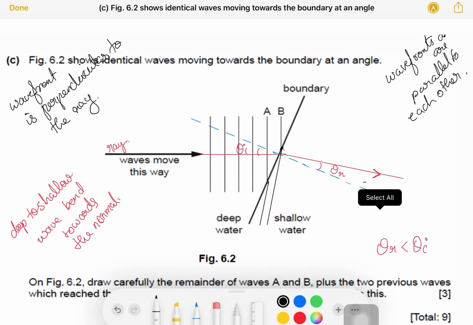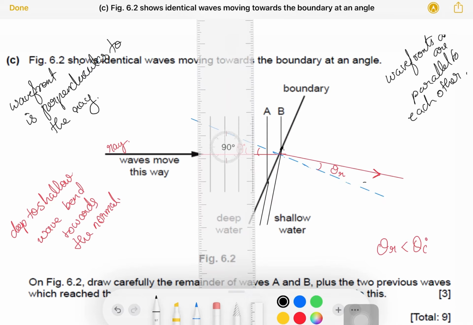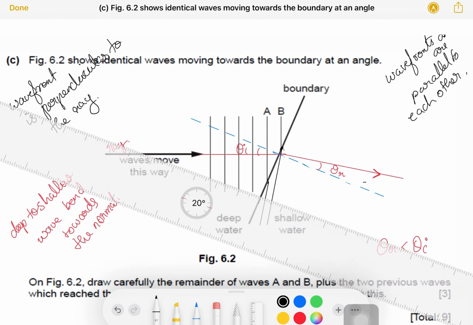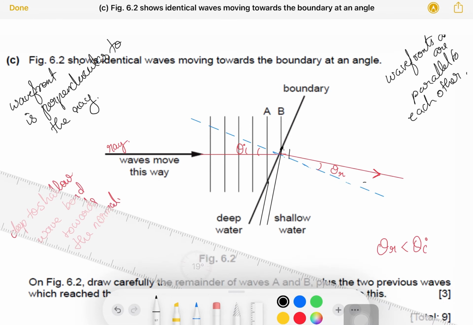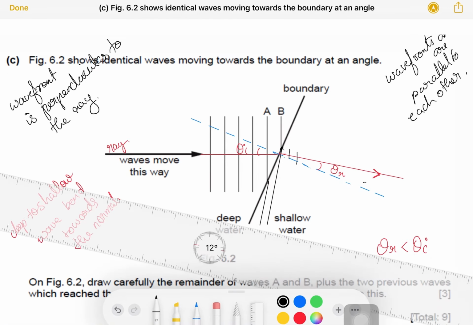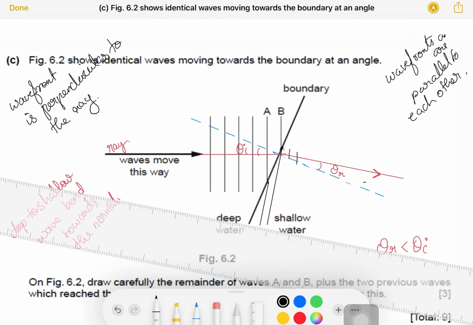The waves that have already reached means that have already traveled beyond this point. So we have to draw two more wavefronts somewhere over here. But before drawing, we should measure the distance between these two wavefronts. As it is traveling from deep to shallow water, the wavelength decreases.